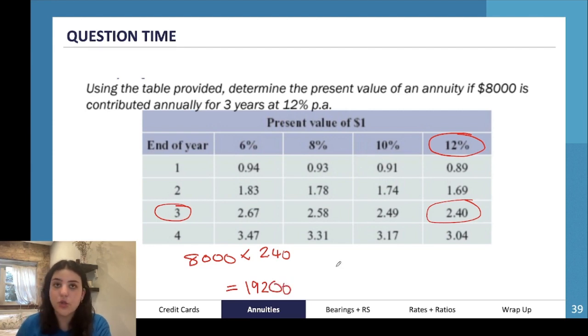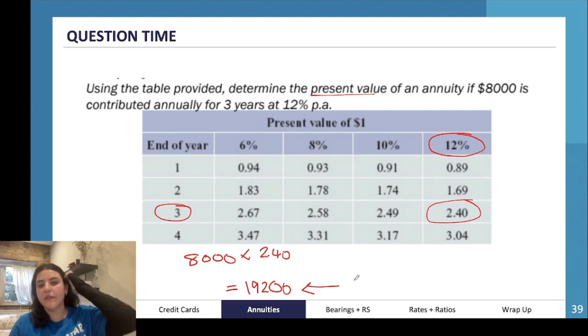So I want to highlight two things about this question. Number one, it says present value, right? So it's actually the same thing, despite the fact it doesn't say future value. The second thing is that $8,000 contributed annually for 3 years should be $24,000. Yet our answer is $19,200.